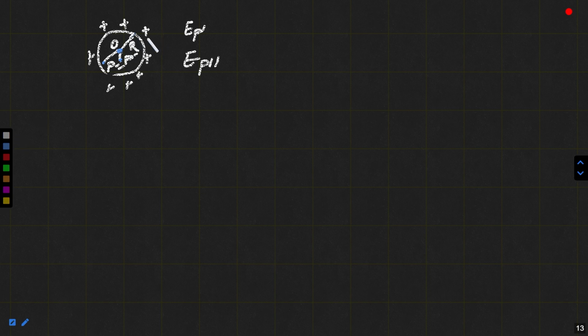Now what is the relation between the electric field for both cases? What is the correct order? E P prime and E P double prime. Please solve this question.